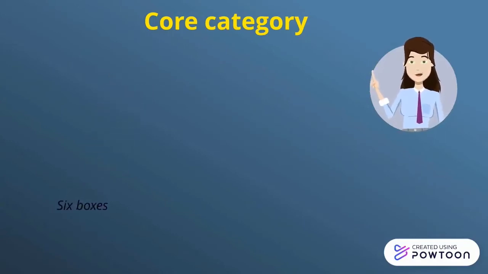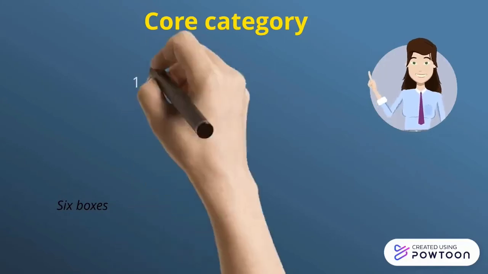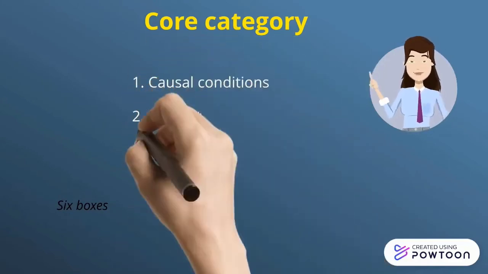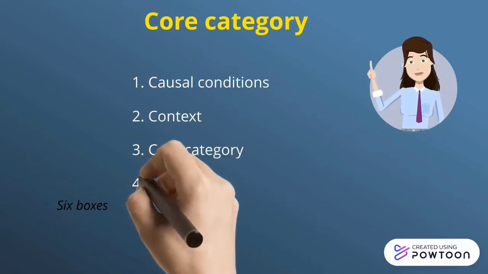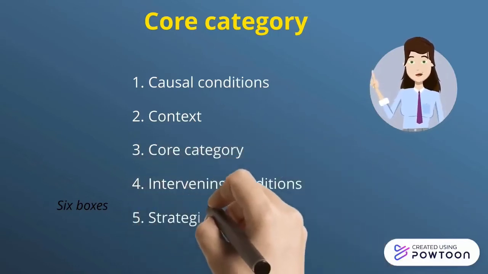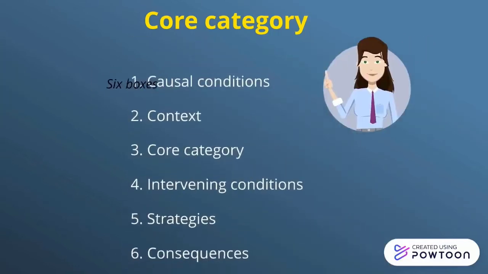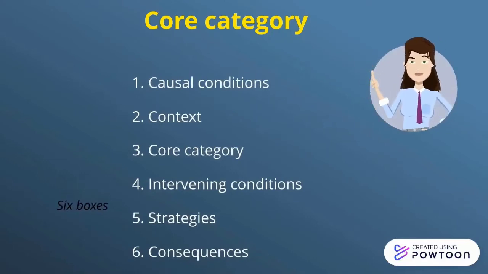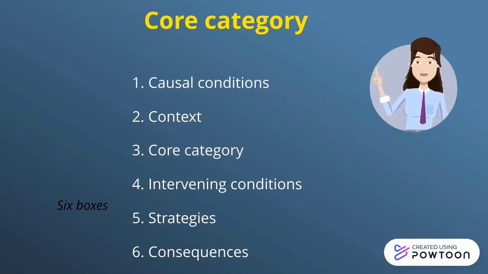You can see that there are six sets of categories of information. 1. Causal conditions. These are categories of conditions that influence the core category. 2. Context. The specific conditions that influence the strategies. 3. Core category. The idea or phenomenon central to the process. 4. Intervening conditions. These are the general contextual conditions that influence the strategies. 5.